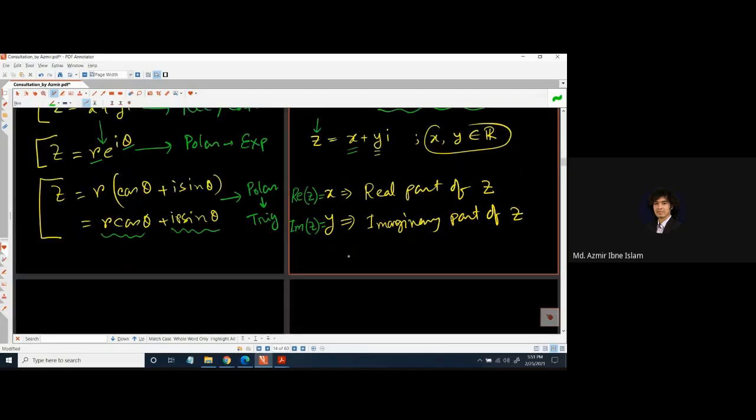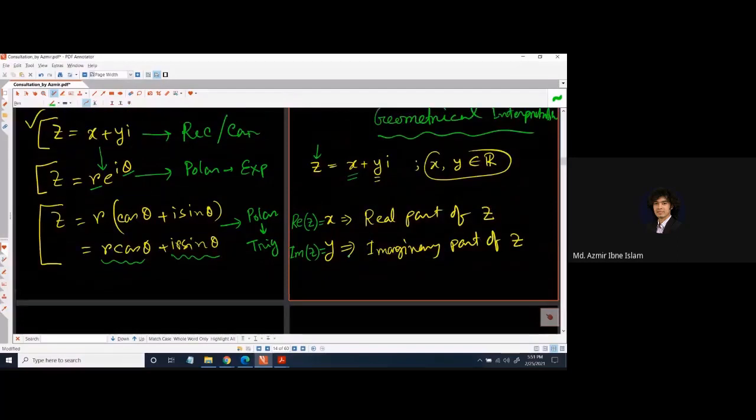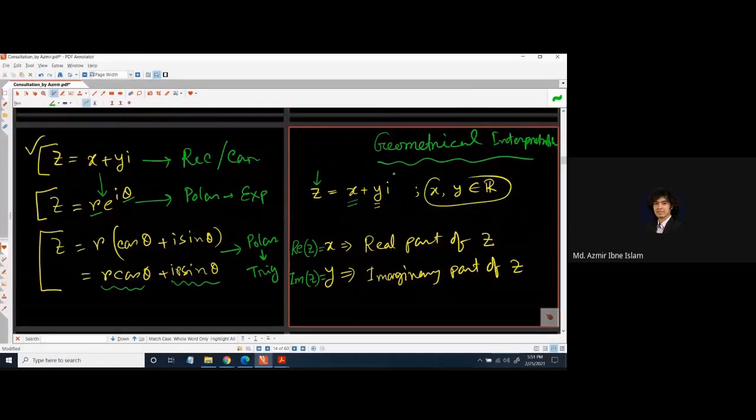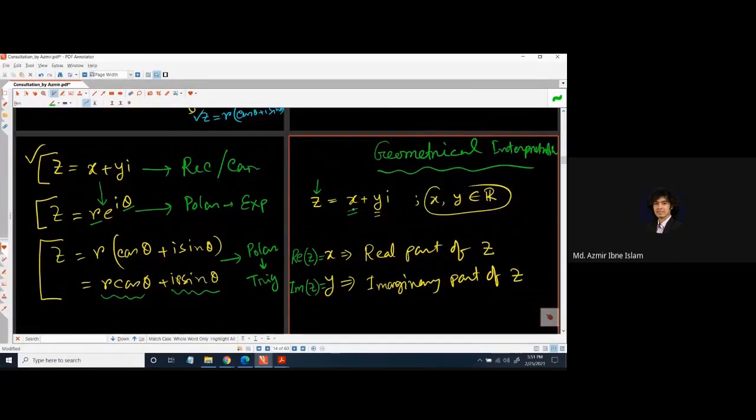So geometrically, a complex number is nothing but a point. Remember, a complex number is nothing but a point. That means it is itself a point. So z equal to x plus yi can be thought of as a point (x, y).